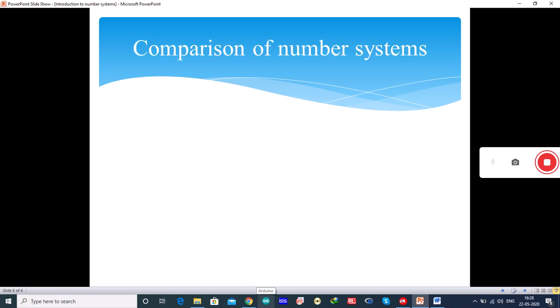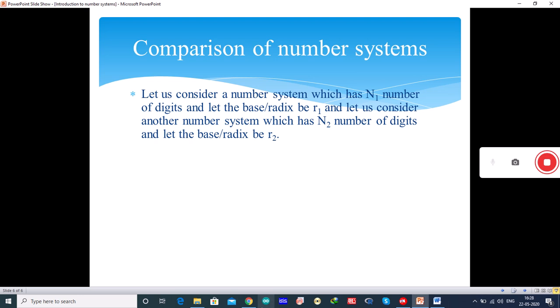Let's move on to the last part of the presentation, that is the comparison of number systems. Let us consider a number system with n1 digits and let the radix, that is the base, be R1, and a second number system with n2 digits and base R2.